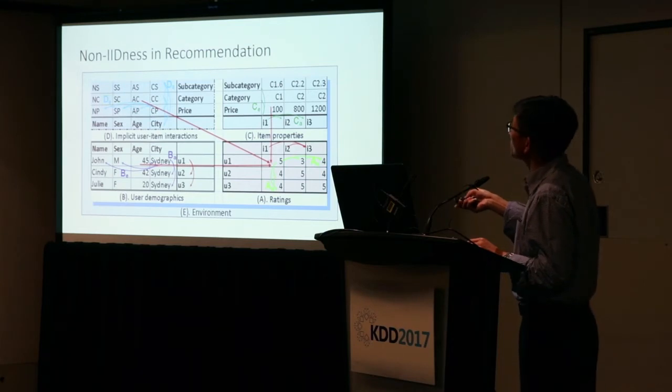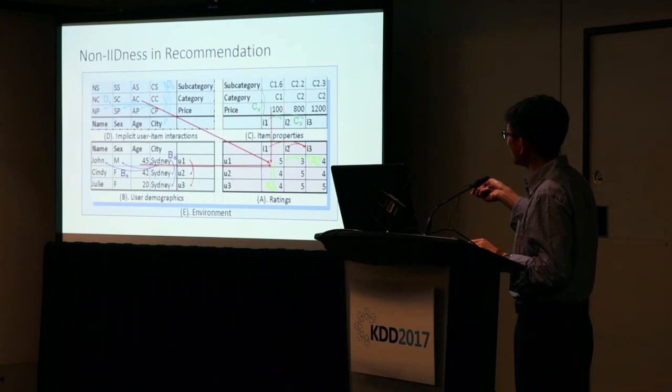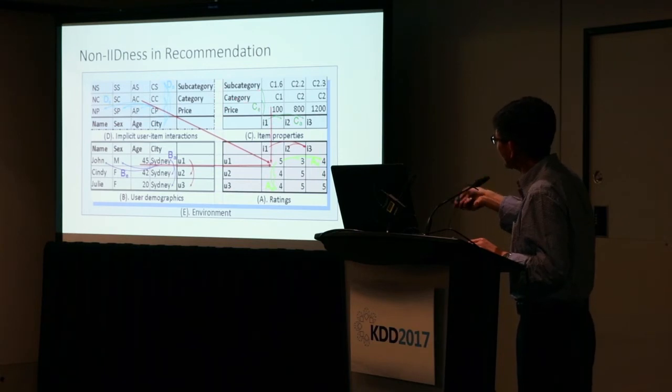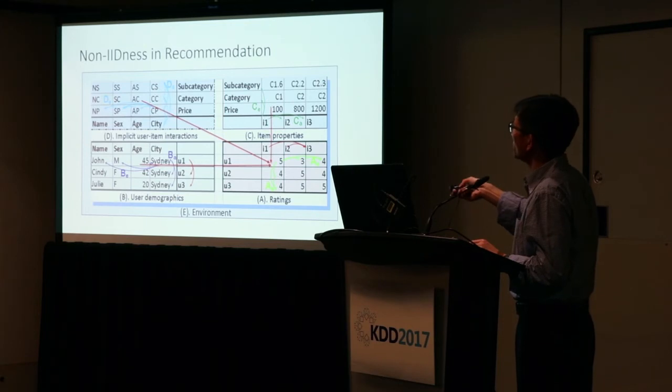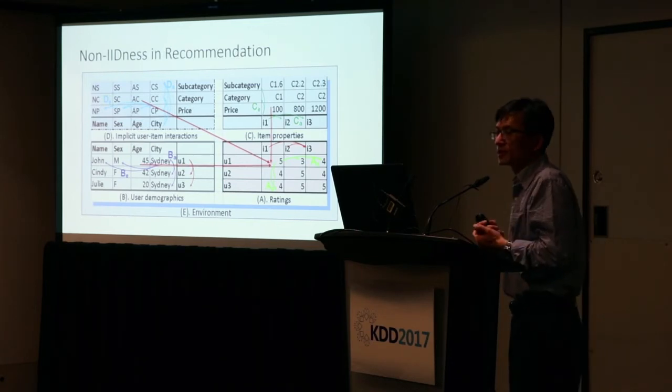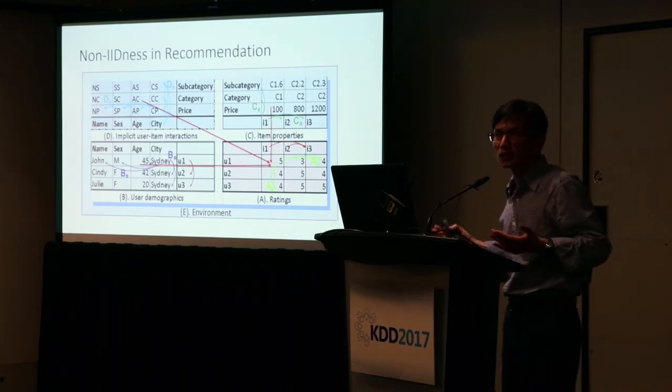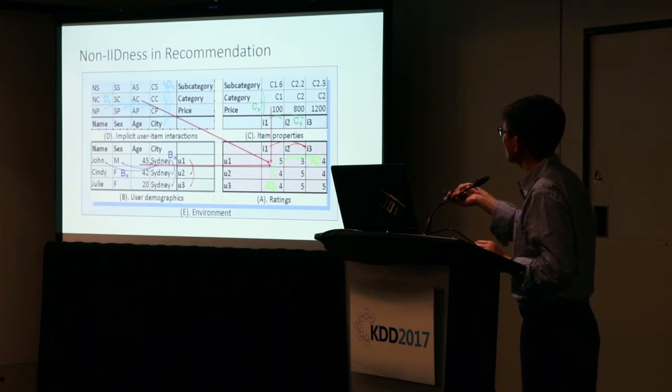So this could be more rational drivers from the user and item perspective, and more importantly their interaction. It's really the interaction between the user's attributes and item attributes that will probably be the key driver of why user 1 put a rating of 5 on I1.